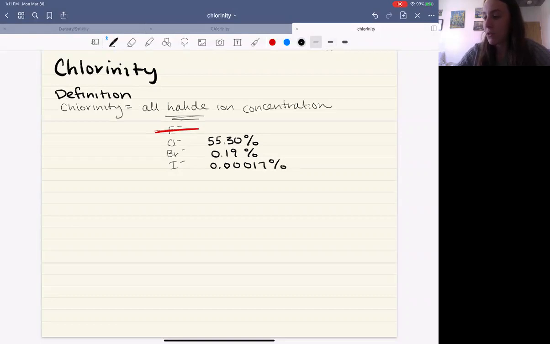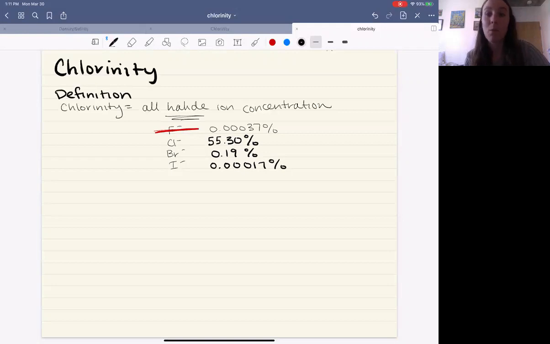And just for future reference, fluoride is also present in a very small concentration. Okay, so most of our chlorinity does in fact come from chloride, but just make sure you understand chlorinity actually represents all of the halide ions.